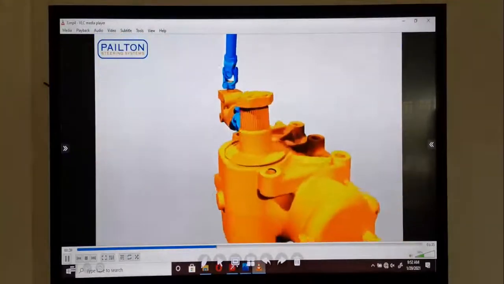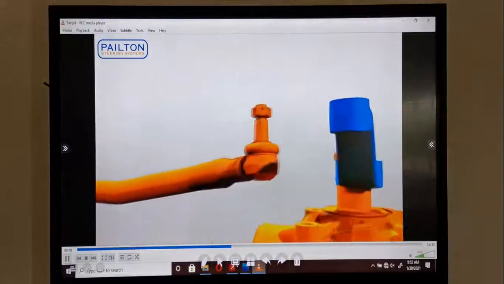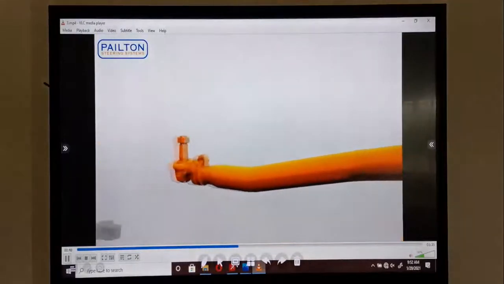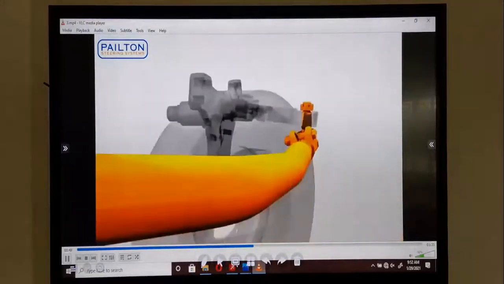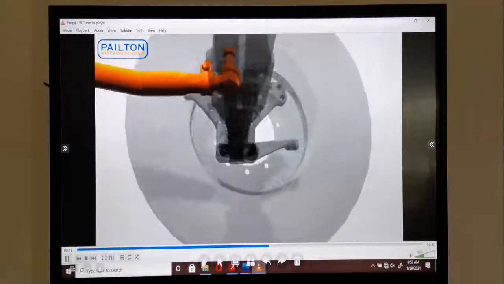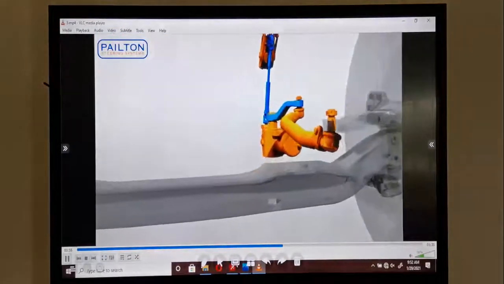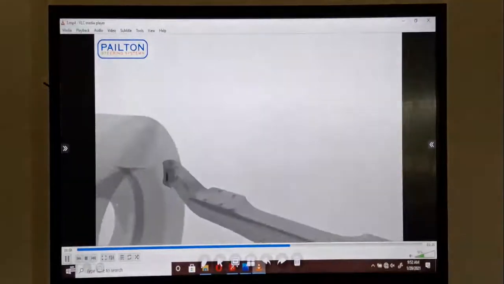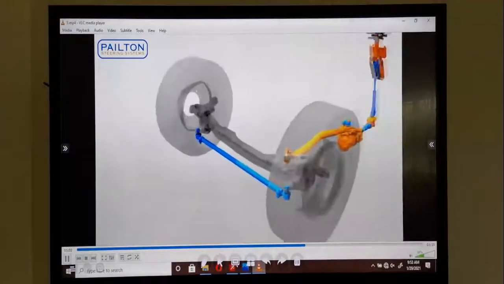I will explain clearly how it is connected with the wheel.